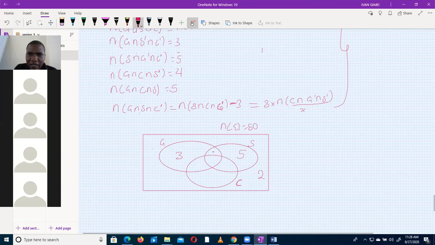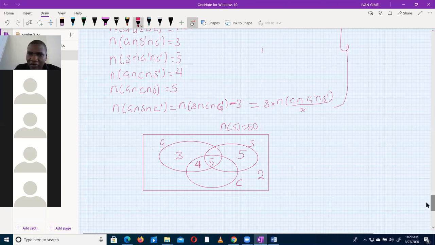Do we write it here? Or will it be G intersection C only? This is the region for G intersection C only. There are 4. Then 5 brought everything. That's what we have. Now these other ones are all in terms of unknowns.